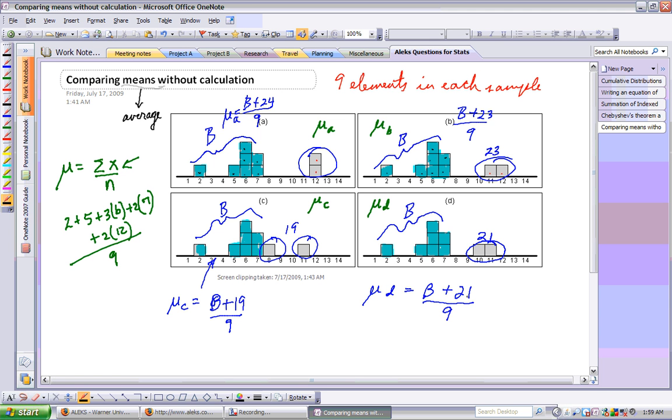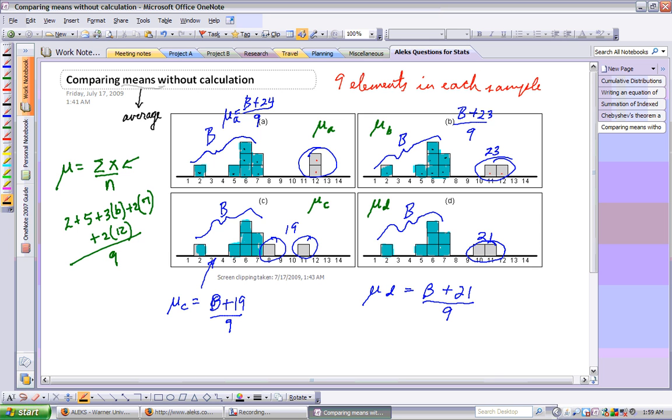No, 21 is bigger than 19. B is the same, so the mean of C is smaller than the mean of D. Go up here to the mean of B. That's a 23. Over here, it's a 24. The biggest one is the mean of A.